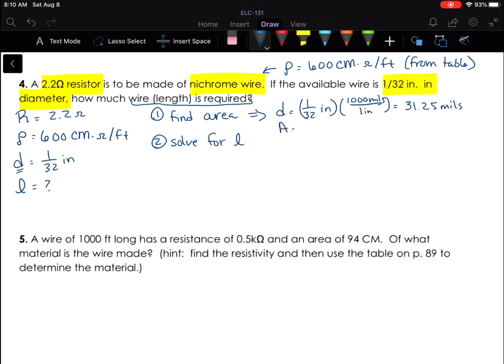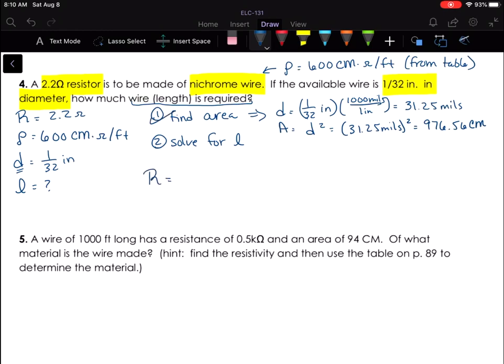And the area is going to be mils squared. So that gives us about 976.56 circular mils. Okay, now solve for, so we did this. Now solve for the length.